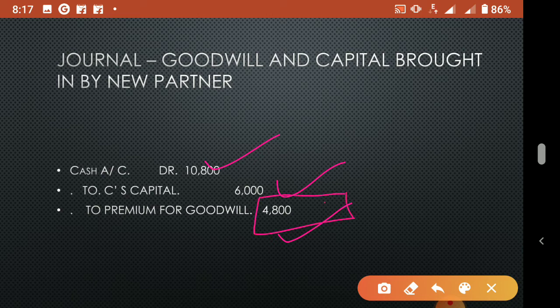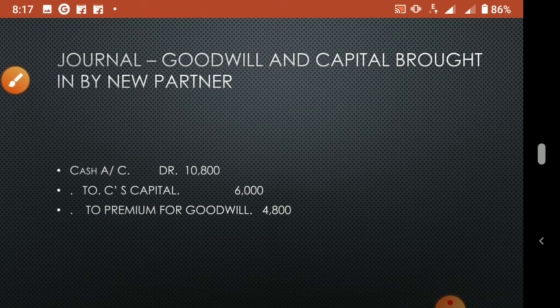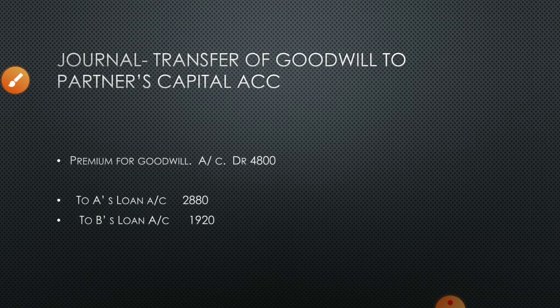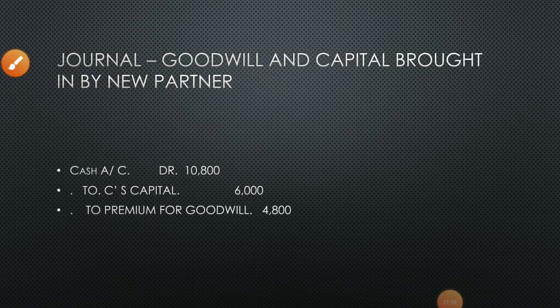Okay, but who will share this premium for goodwill? Partners usually share it in the sacrificing ratio, but here they said it has to be transferred to their loan account. Premium for goodwill is usually divided in the sacrificing ratio.